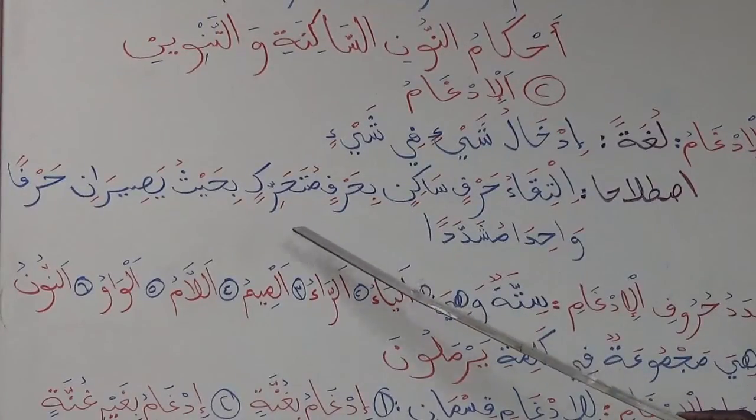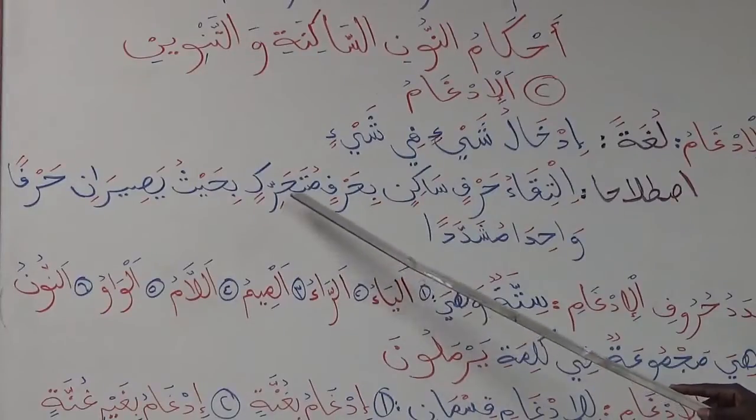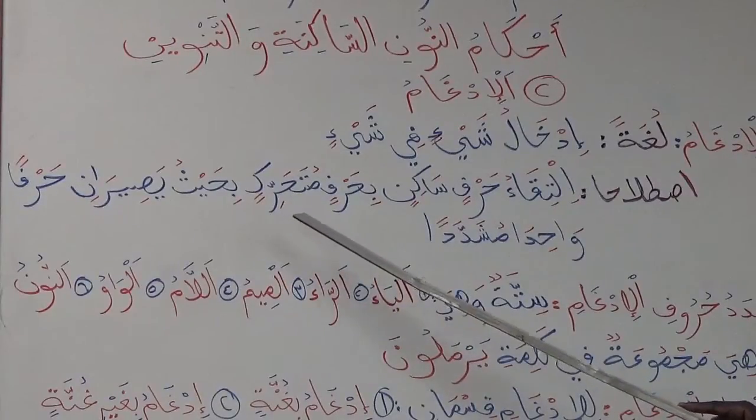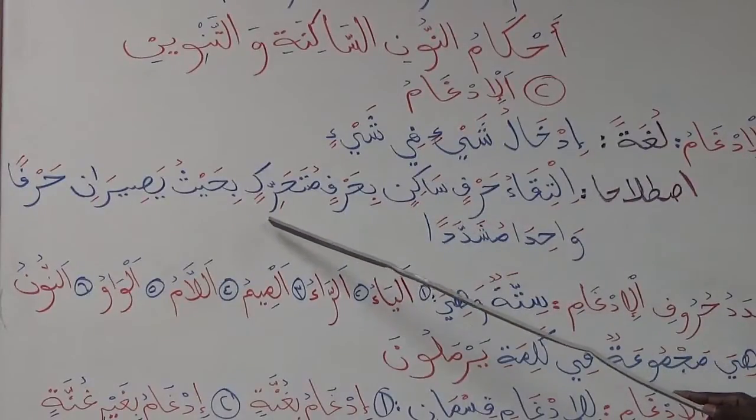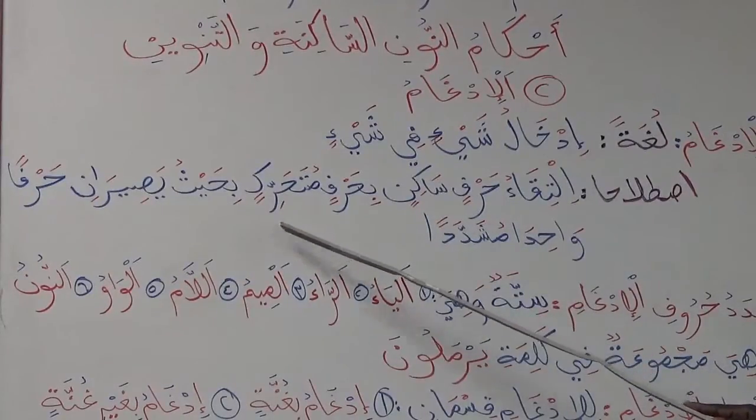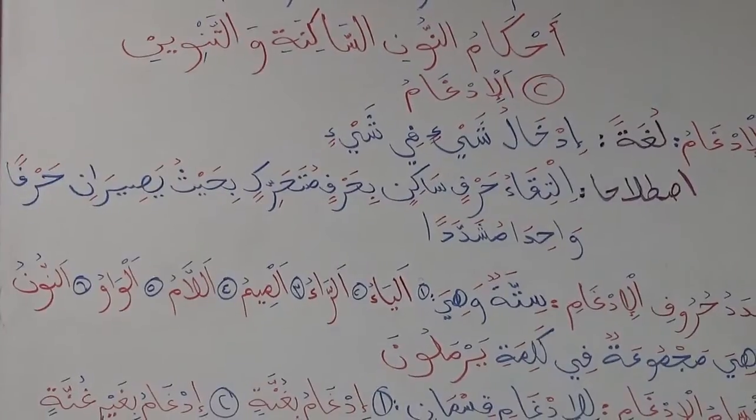Whenever we say in Tajweed, mutaharrik, it means it has a vowel other than sukun. So there is always a distinction: two kinds of letters. A letter that has a sukun is by definition harf sakin. A letter that has a vowel other than a sukun becomes harf mutaharrik. So we have either fatha, kasra, or dhamma. Beautiful.